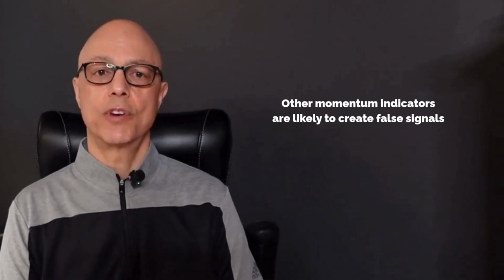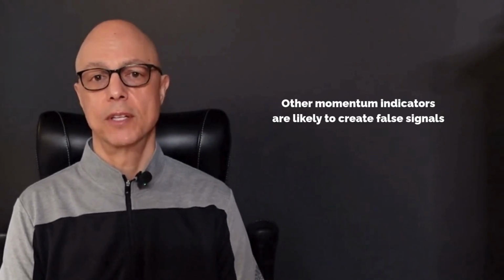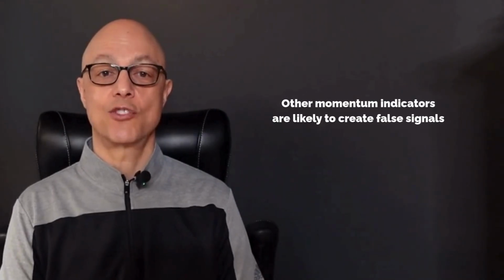That double smoothing is the key design decision. Single smoothing oscillators like the RSI can be sensitive to individual candles, which creates false signals and whipsaws. By smoothing twice, the TSI is trying to show you the underlying current of momentum rather than every ripple on the surface. That design makes it particularly well suited to higher time frame trading.